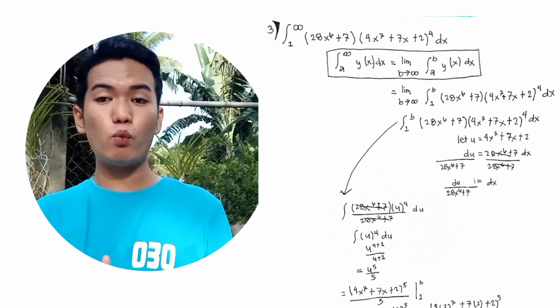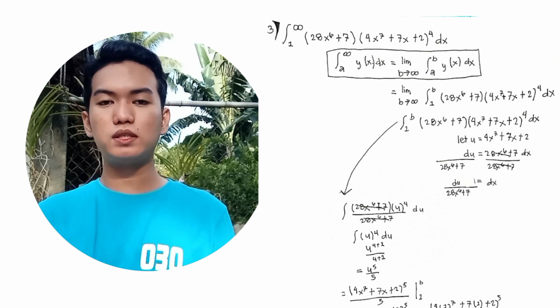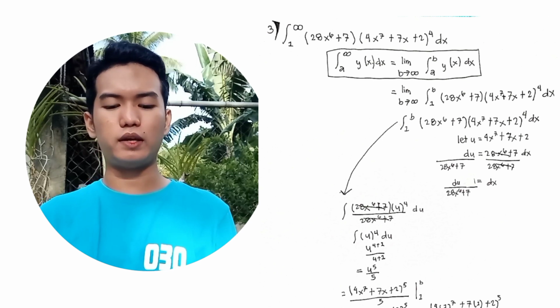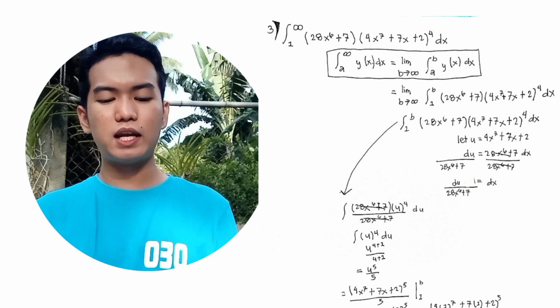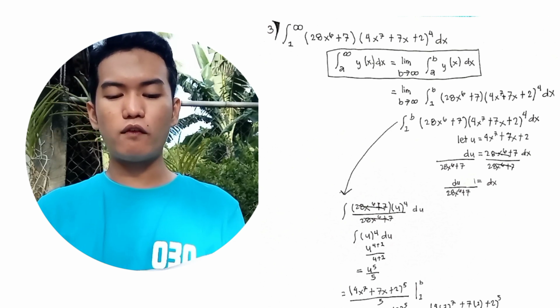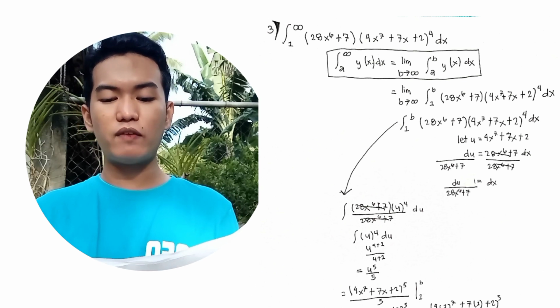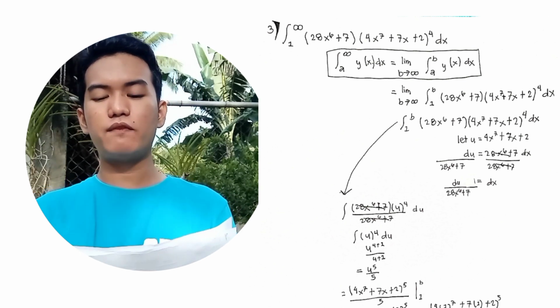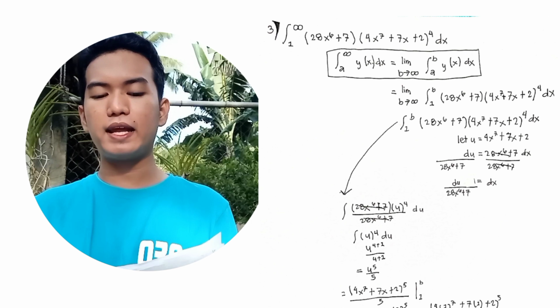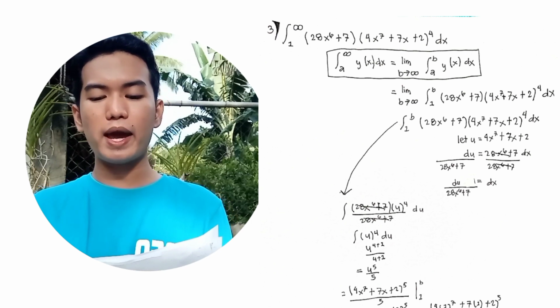Like in number 1, in this case I have to use case number 1 because that is the appropriate one for this equation. To apply, we have the limit of the integral with lower limit of 1, upper limit of b, of 28x to the power of 6 plus 7, times 4x to the power of 7 plus 7x plus 2 to the power of 4, dx, where b is approaching infinity.